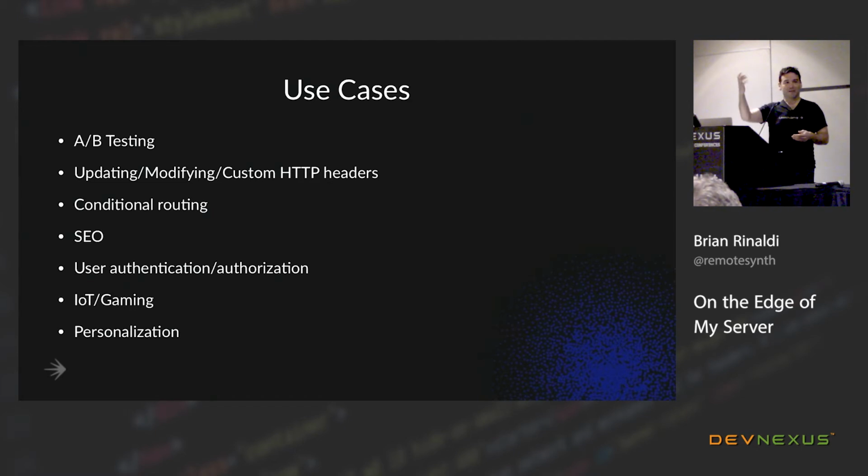If you ever go to a site and it says log in, and then it detects, oh hey, he's logged in, and it flips to here's your personal information, you get that flash of rendering. Imagine you can remove that flash of rendering by just replacing those pieces at the edge, right? So those are some interesting ones.